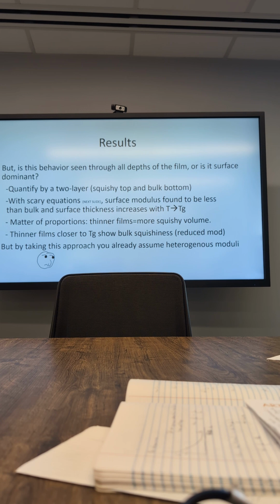right? So the thickness of the film comes into play, where this is always extending at a certain rate as it approaches the glass transition. But at a thinner film, that squishy thickness is proportionately more than if you had a very thick film.